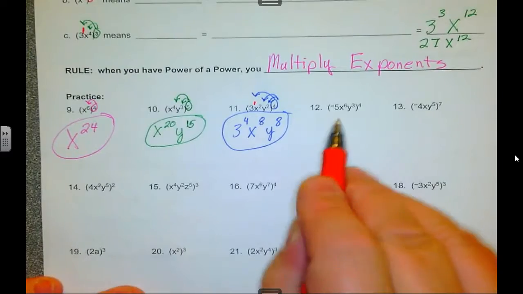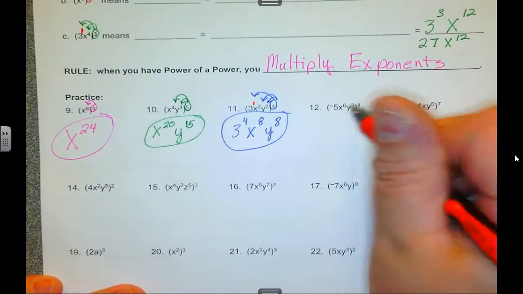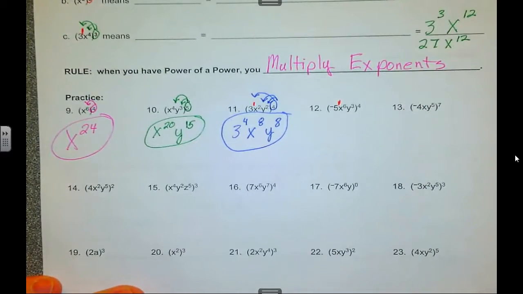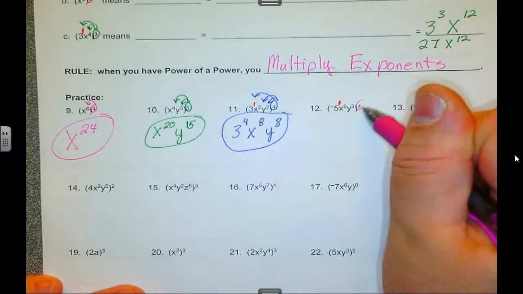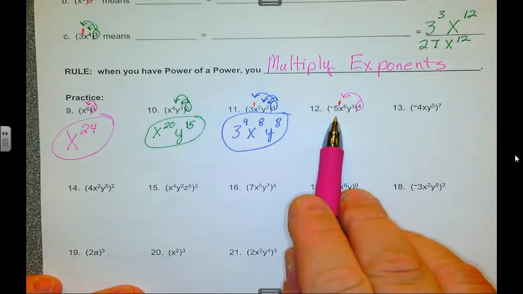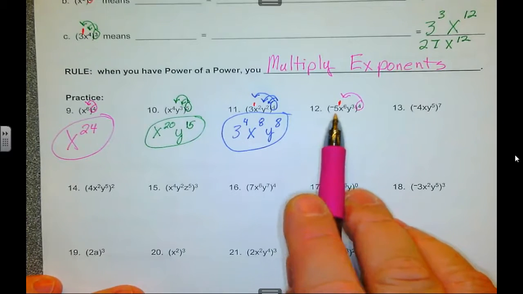Okay, look inside the parentheses. Anything that doesn't have an exponent, put a 1 there. Negative 5 to the 1st. Let's see, 4 to the 1. Now, it's a little tricky with negative numbers. We may get into this, I can't remember, in Algebra 1.